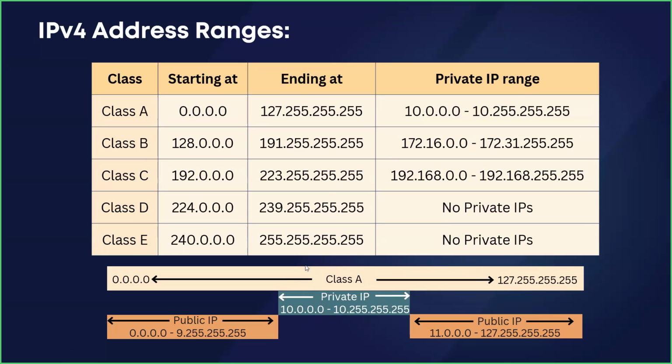Any IP within this range can be used in your local intranet networks. Any IP outside this range, which is from 0 up to 9.255.255.255, and after 10, from 11.0.0.0 to 127, the last IP, these two are public IP sets. So in every class, in a similar fashion, you have a small private IP set and two public IP sets. Any questions?